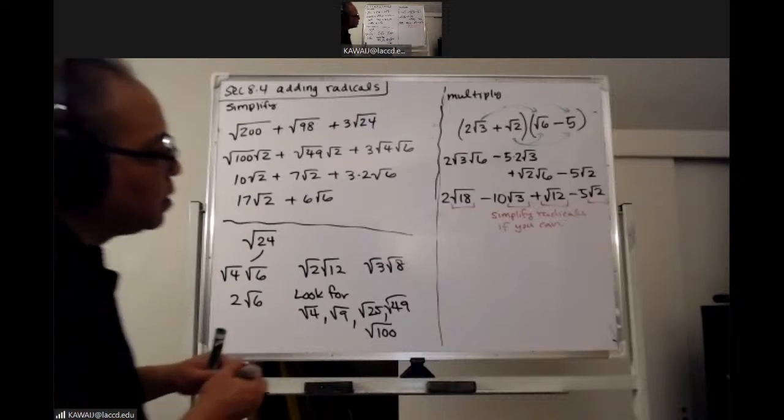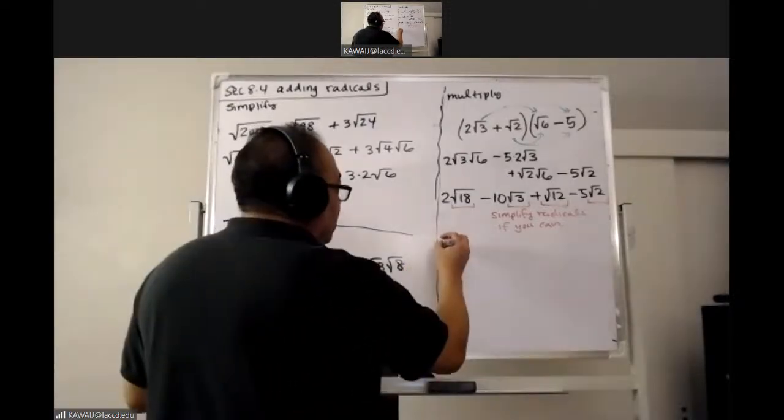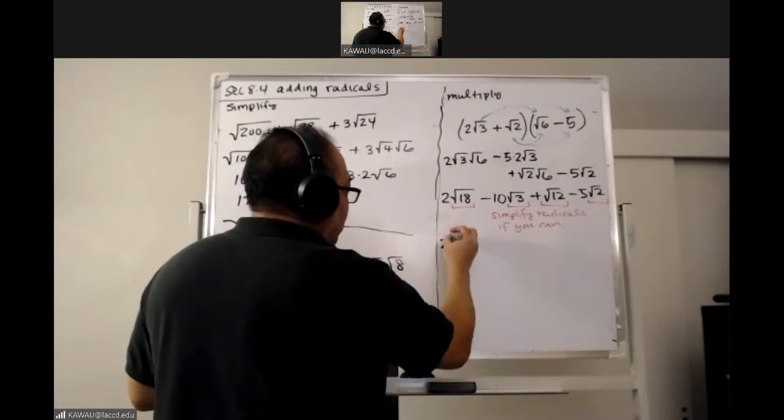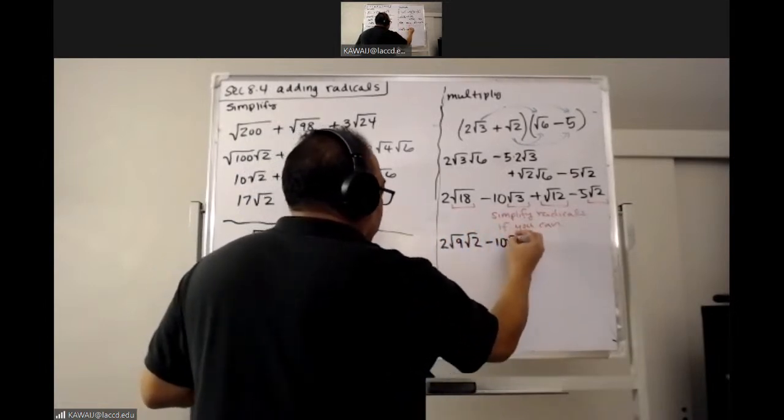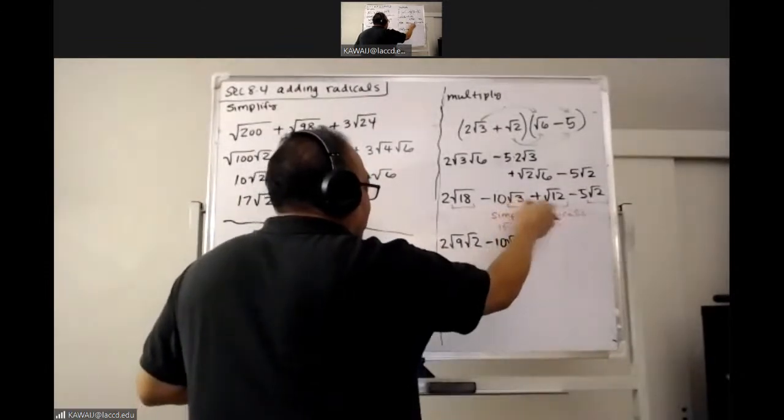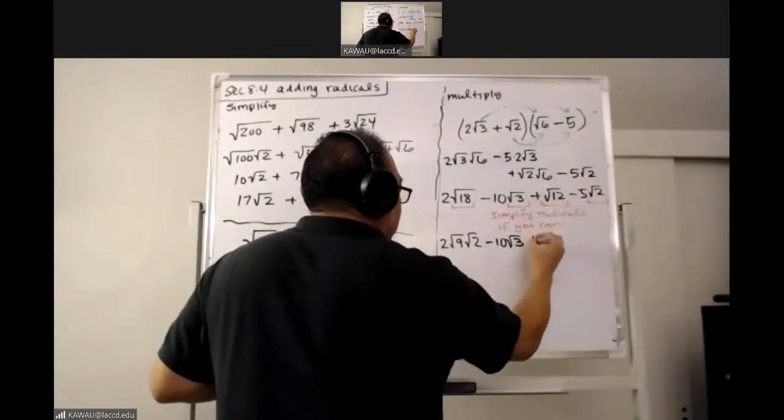Okay. So you have 2 square root of 9 square root of 2 minus 10 square root of 3, right? 4 and 9 don't divide into here, but 4 divides into there.